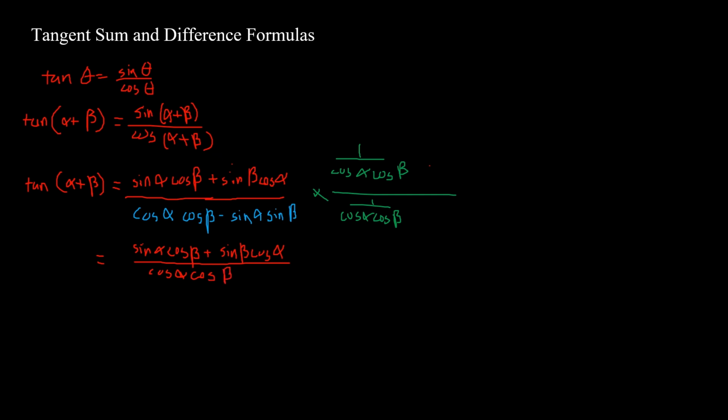Now that's just the numerator, and the denominator is going to be cosine alpha cosine beta minus sine alpha sine beta all over cosine alpha cosine beta.